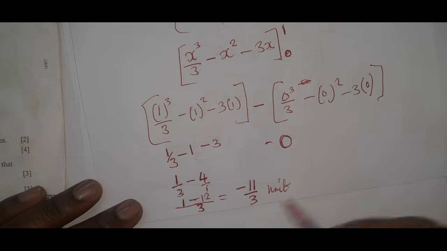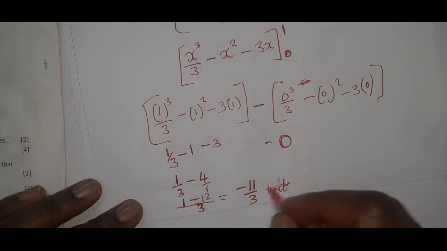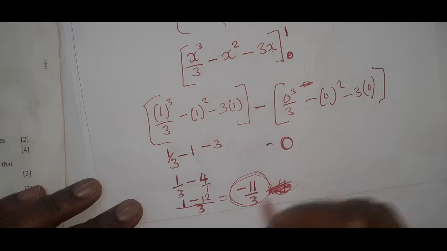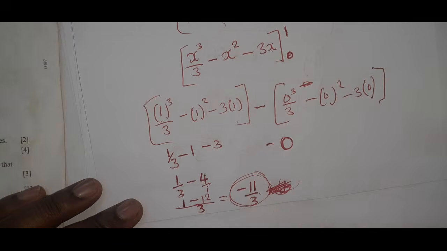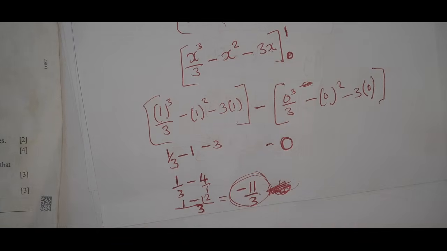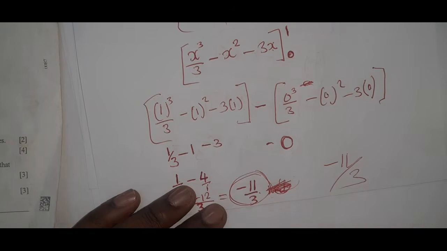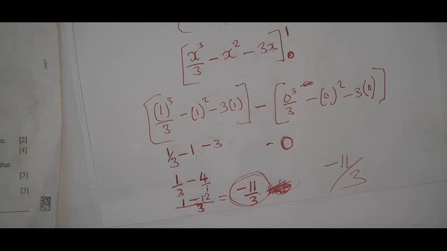Since the question is not telling us to find the area, we can leave the answer just at this point as negative 11 over 3. So this is the end of question 7.